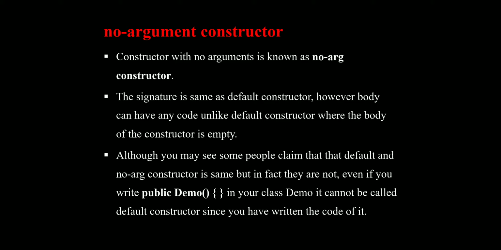The constructor with no argument is known as the default constructor or no-argument constructor. The signature is the same as the default constructor; however, the body can have any code, unlike a default constructor where the body of the constructor is empty.